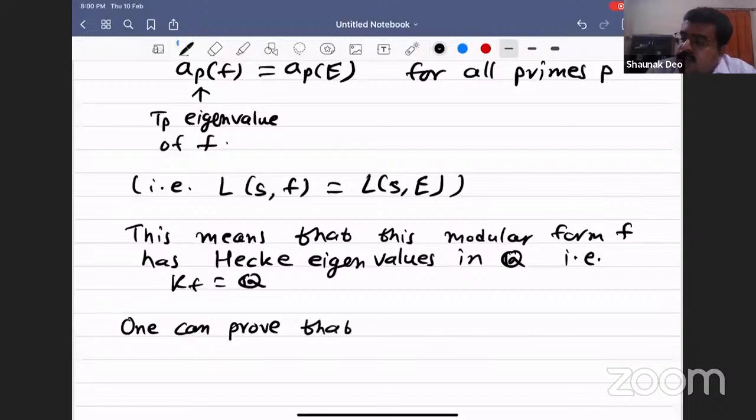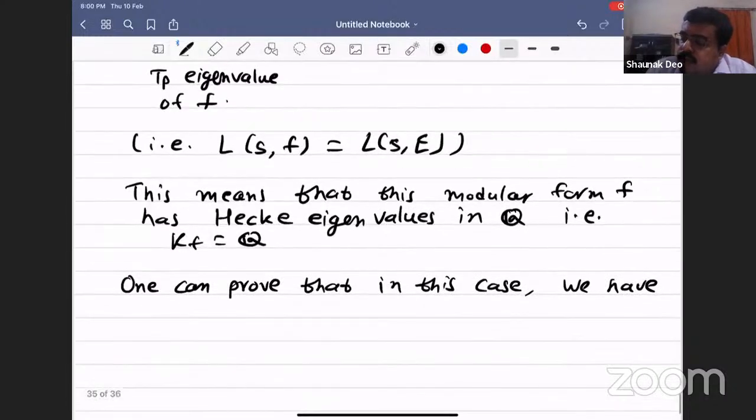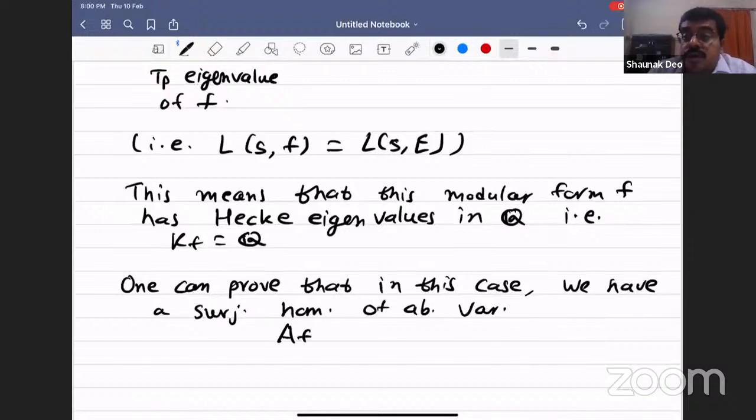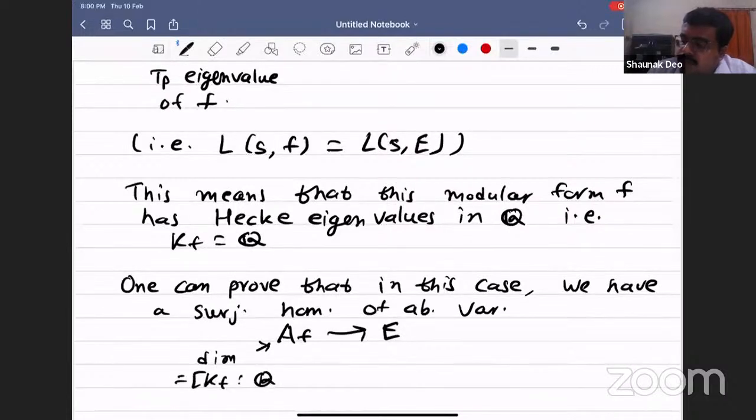And basically one can prove that in this case, once you know that there is such an eigenform, we have a surjective homomorphism of abelian varieties from AF, the quotient of the Jacobian given by this F, to E. But AF has dimension equal to the degree, which is 1.